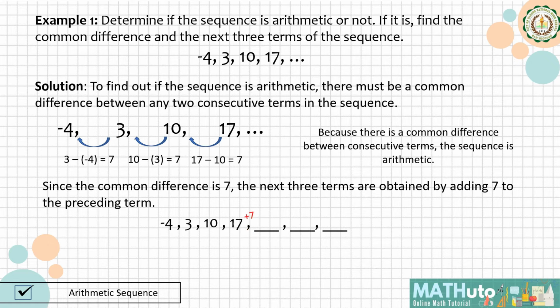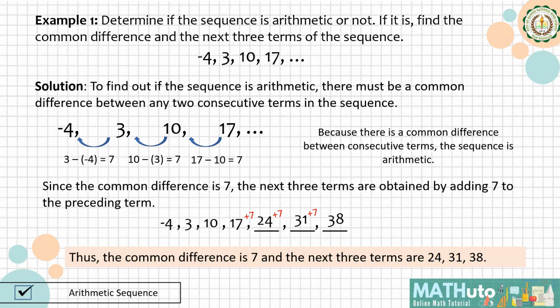When we add 7 to the last term 17, 17 plus 7 is 24. 24 plus 7 is 31. And 31 plus 7 is 38. Thus, the common difference is 7, and the next three terms are 24, 31, and 38.